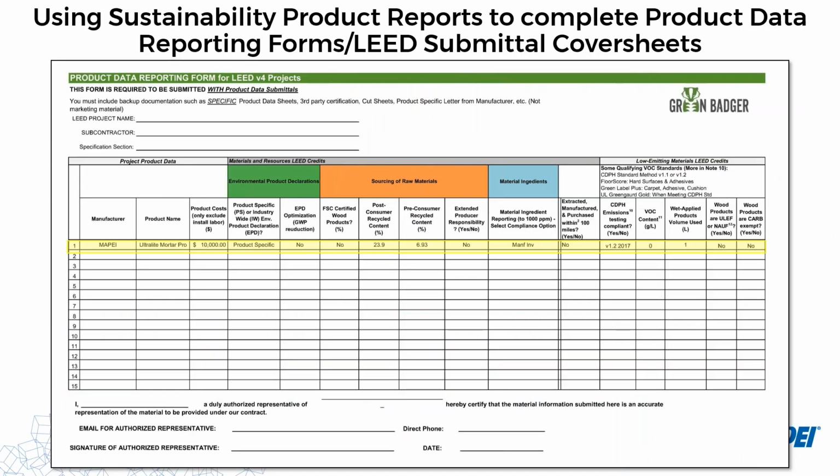Sometimes instead of specifications, we get forms such as this one. This is a LEED submittal cover sheet. Typically, the architect provides this to the GC to have subs fill these out, which means that subcontractors typically send these to manufacturers to fill out. These cover sheets are filled out by someone on the project team, and they're all assembled.